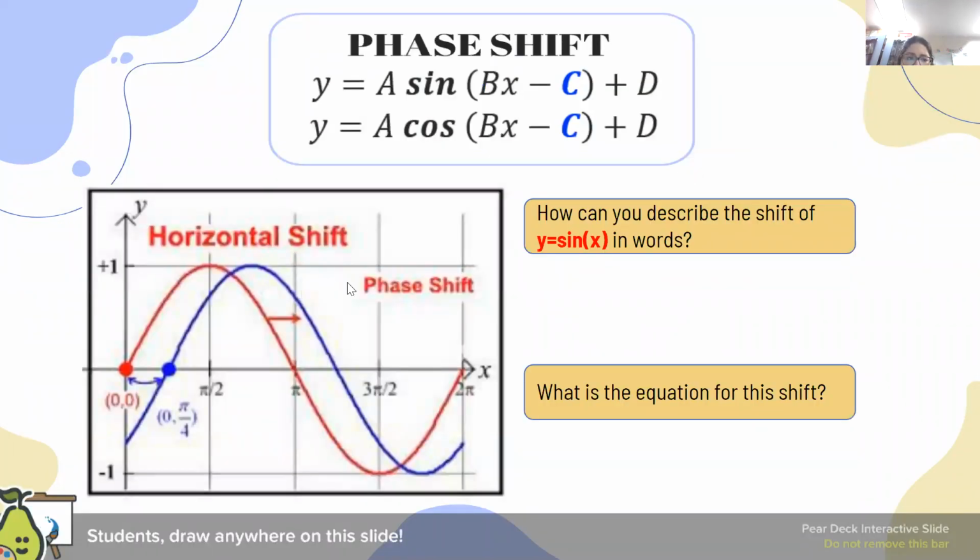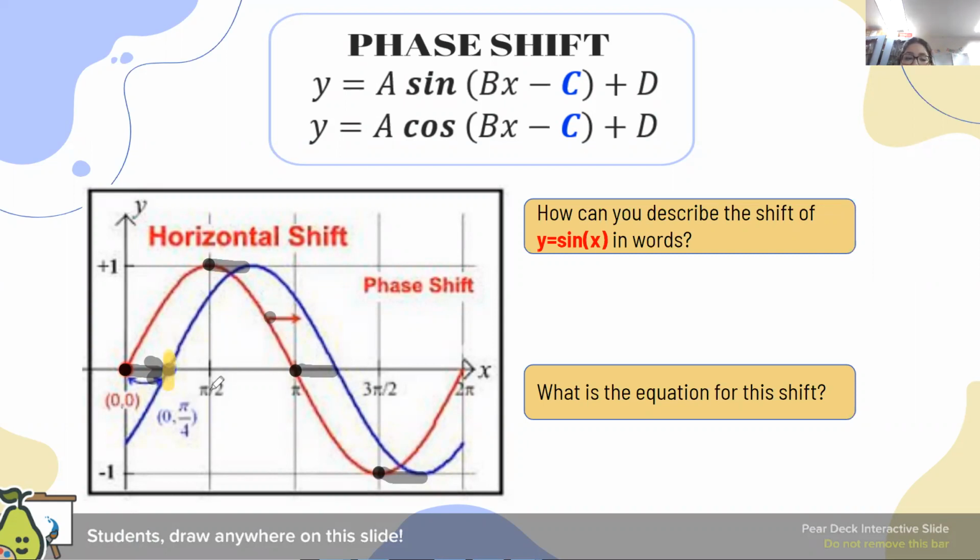So again, here we can see in red is our sine graph, and we can shift it horizontally from left to right, however many units, and change my graph. If I were to describe this shift, I notice that this point is moving over, and I want to know how many so that I can describe my phase shift. Again, we need to look at the units of measure. Right here, there is not a value.